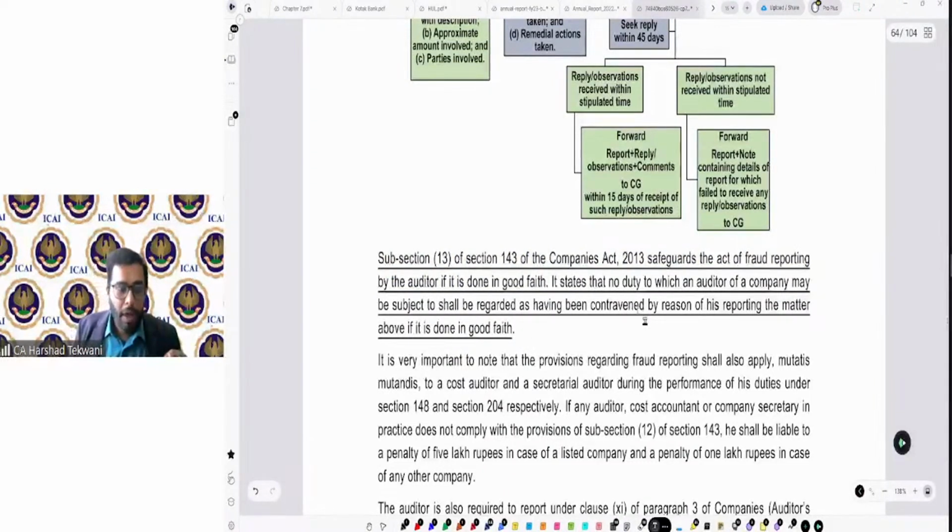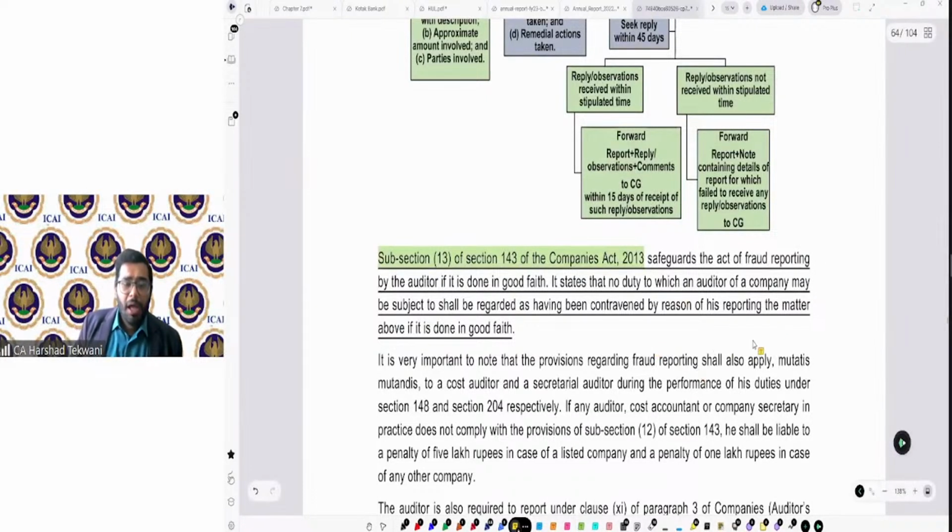It says that if the auditor is reporting a matter to the central government in good faith, then it should not be regarded that the auditor has contravened any duty.